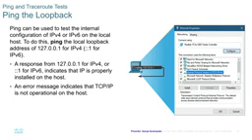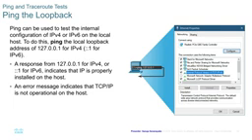A response from 127.0.0.1 for IPv4 or ::1 for IPv6 indicates that IP is properly installed on the host. So what the loopback address is doing is testing if IPv4 and IPv6 are properly configured within your device.